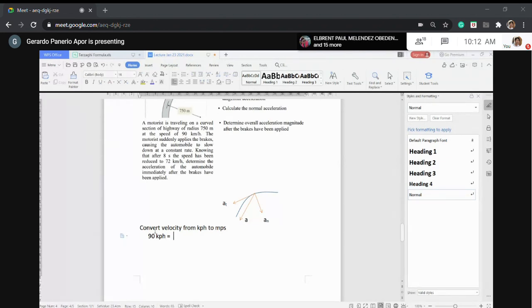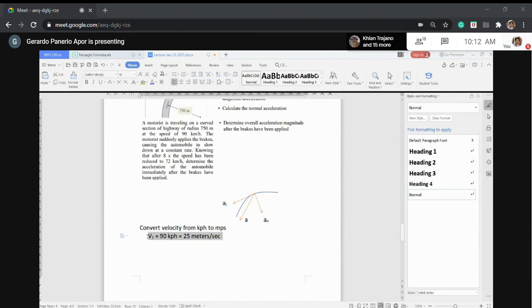So 90,000 divided by 3,600, so we have 25 meters per second. How about the 72? This is considered as the initial velocity, v1, as it enters the curve road.